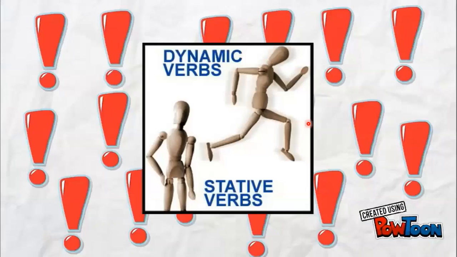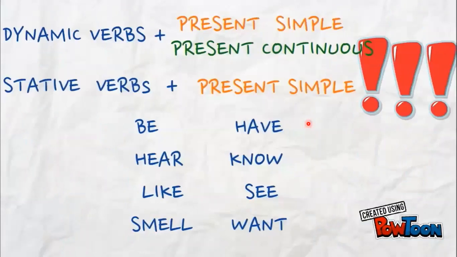Something we have to be very careful with is dynamic verbs versus static verbs. So you probably say, what is a dynamic verb or a static verb, if you don't remember? Well, static verbs are those that are talking about the state of something. You use them mostly in present simple. It's very weird that you can use them in continuous.